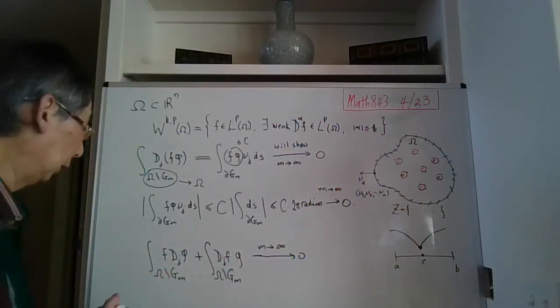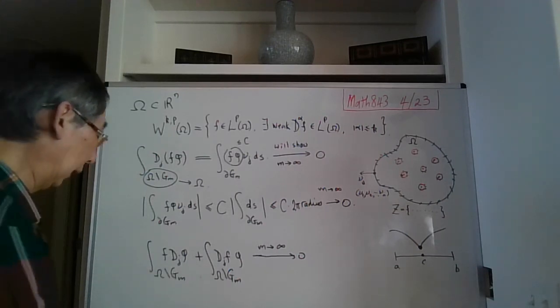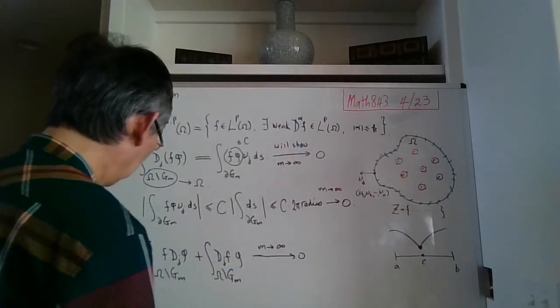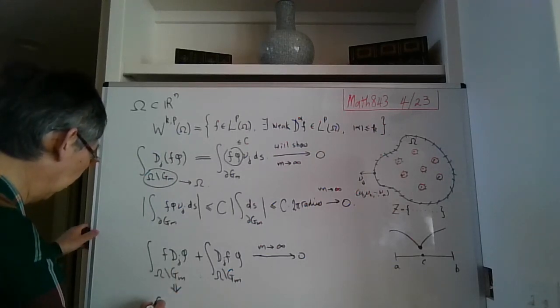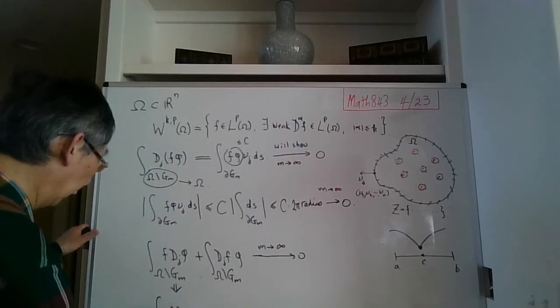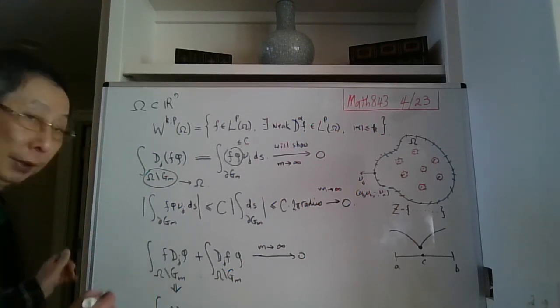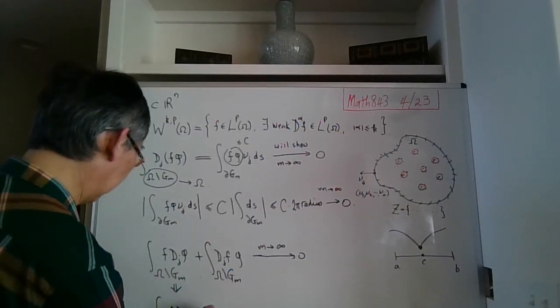Now carefully look at these two terms. If you let n go to infinity, the first term will just go to the integration of f dj phi. How about the second term?